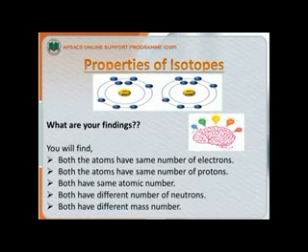Properties of isotopes. Dear students, here I have shown the isotopic forms of an atom. What are your findings? You will find that both the atoms have the same number of electrons.